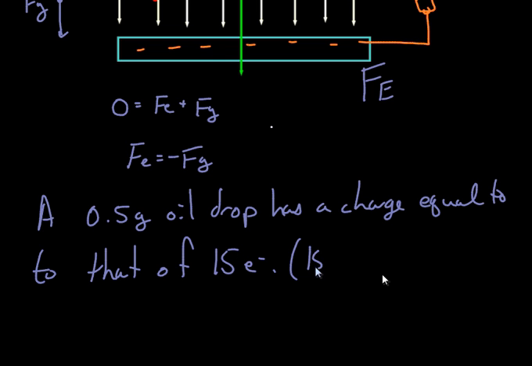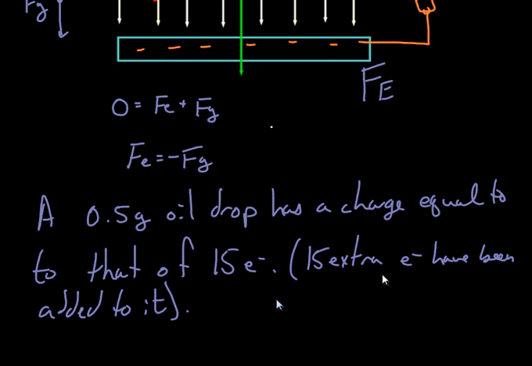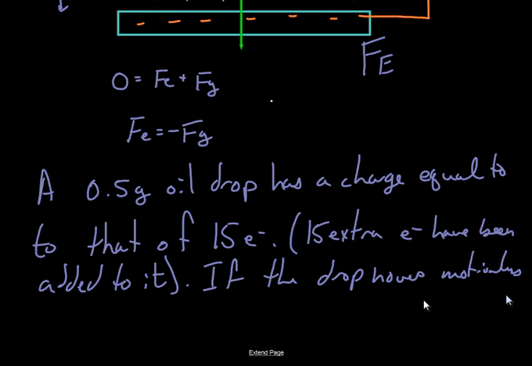In other words, 15 extra electrons have been added to it. Okay? If the drop hovers motionless, what is the field strength?